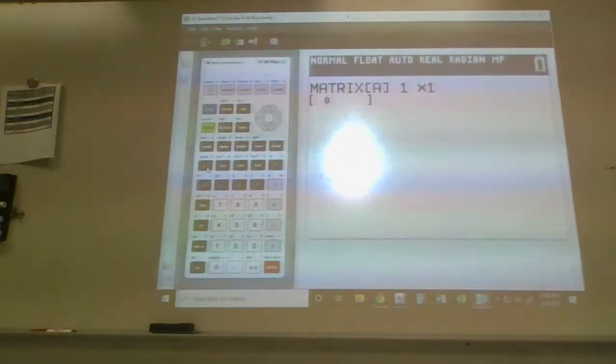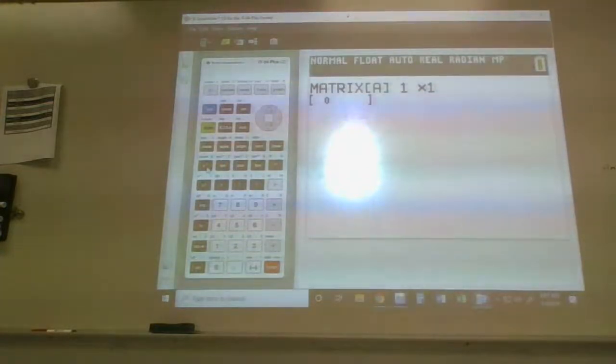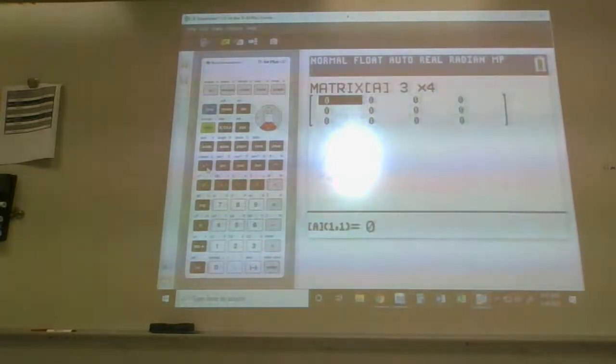Now, right now, that is clearly a 1-by-1 matrix. The order of those numbers, 1 by 1, is talking about the number of rows and the number of columns, in that order, rows by columns. So for our example, I'm going to put in a 3-by-4: 3 rows and 4 columns.